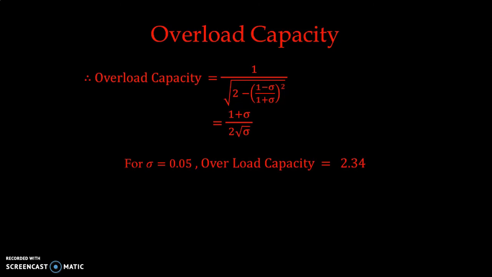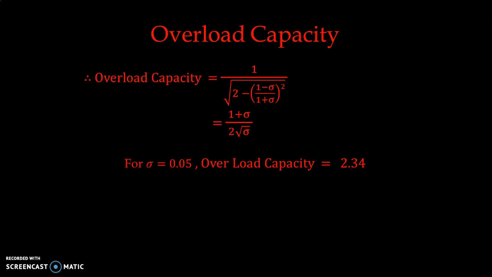In terms of dispersion coefficient, we are deriving our equation for overload capacity. So it is 1 plus dispersion coefficient divided by 2 under root dispersion coefficient. So this equation is for overload capacity.